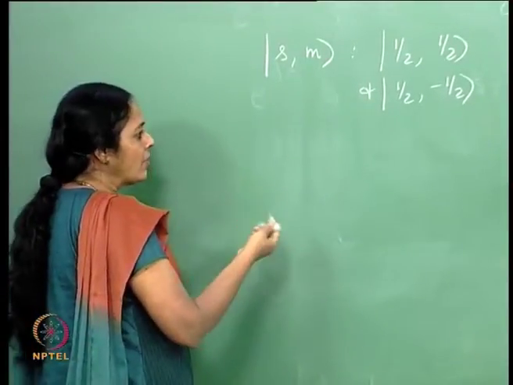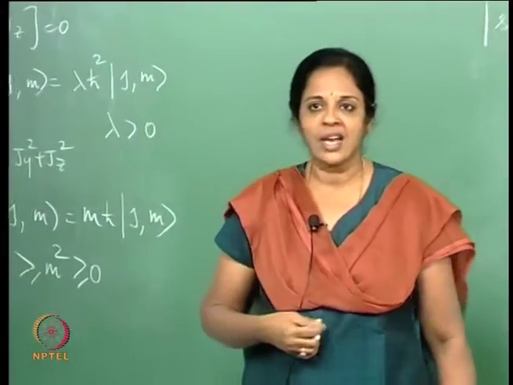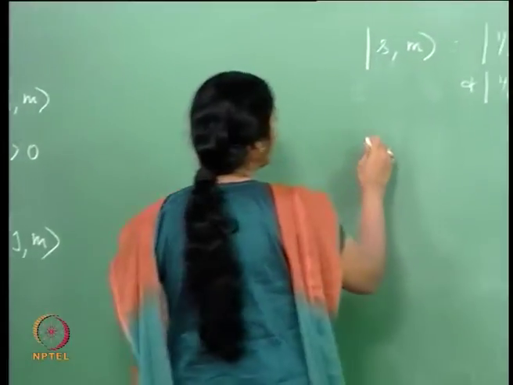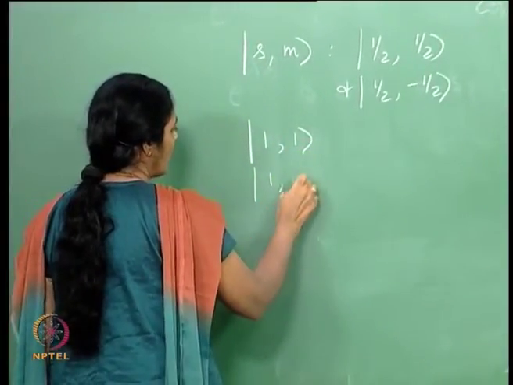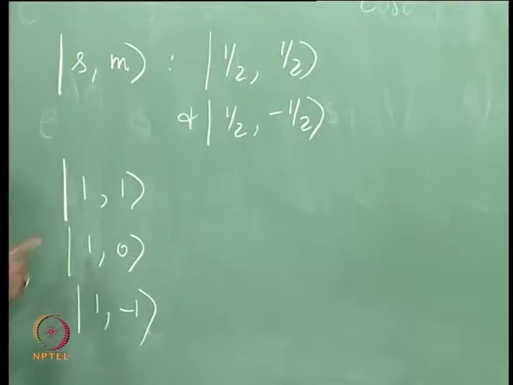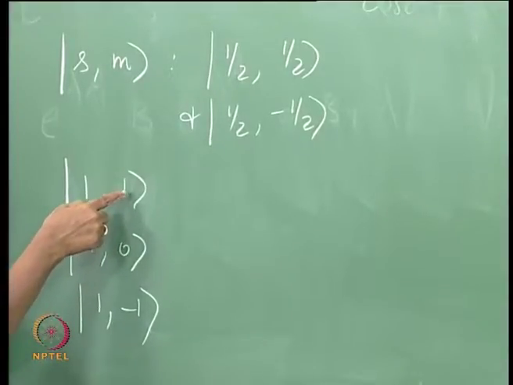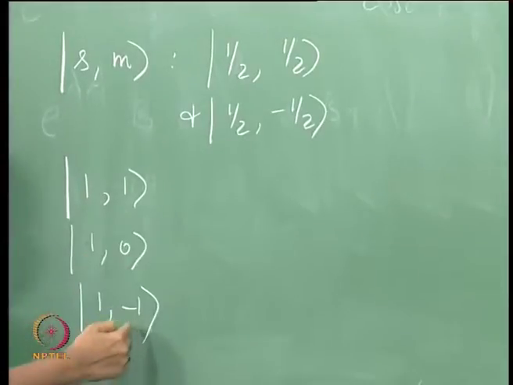Similarly, when we did the 3-level atom problem and we had the same algebra as the angular momentum algebra or the spin algebra, we had 3 basis states and the values were 1, 1; 1, 0; and 1, minus 1. So when s was 1, again we realized that m took values minus s to plus s in steps of 1.